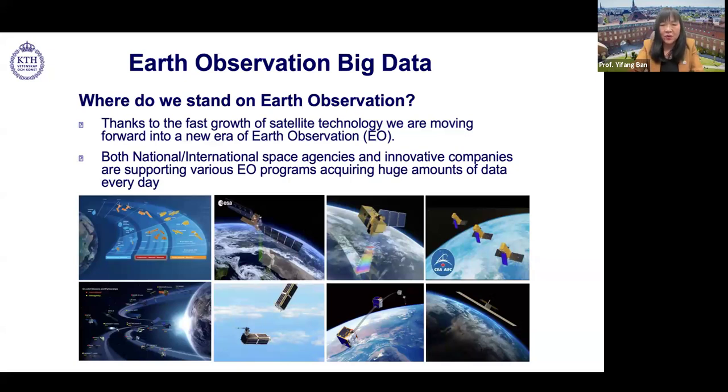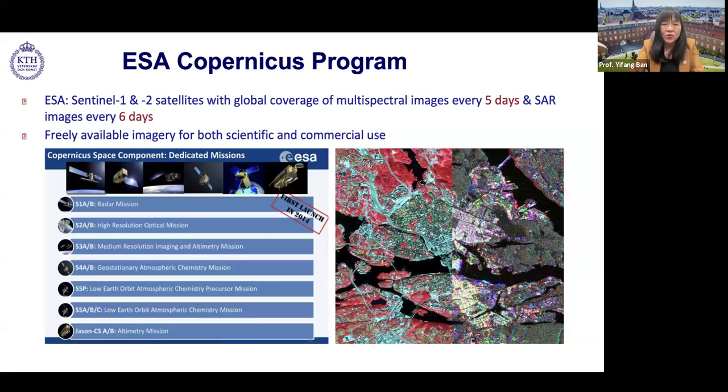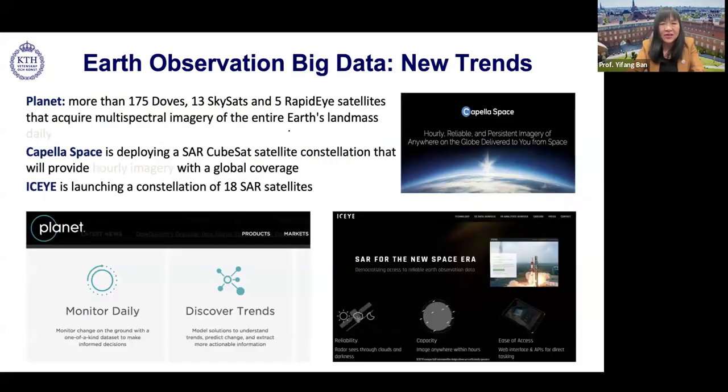You have heard quite many of them. Here I just want to show the ESA Sentinel fleet. I think ESA's satellite fleet is the largest globally for a space agency. You see the SAR and optical data capture quite good resolution of the city of Stockholm.